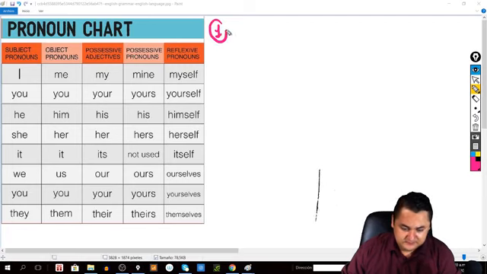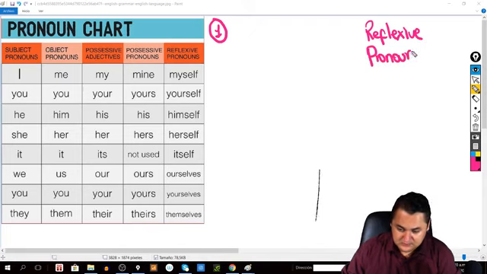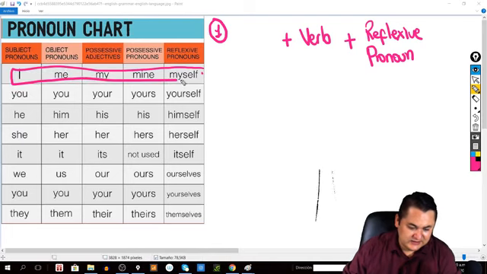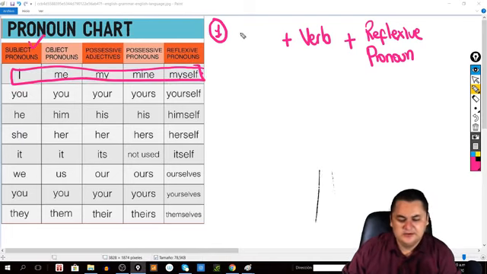First, we can have a reflexive pronoun after a verb, and the reflexive pronoun has to be in the same line as the subject pronoun.